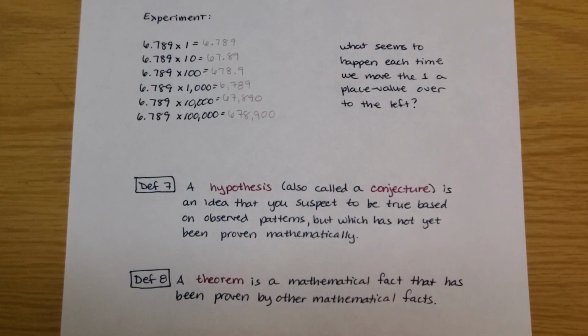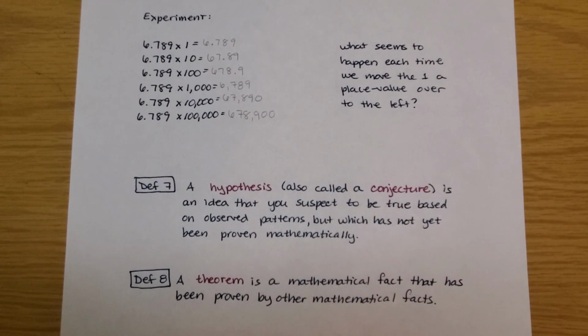So math is this sort of interplay between inductive reasoning, which is what we're doing here, observing patterns and trying to make a guess as to what's going to keep happening, and deductive reasoning. And deductive reasoning is when you're writing a proof, when you're applying a general rule to specific cases.